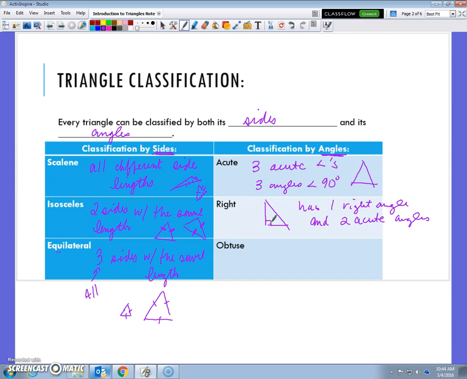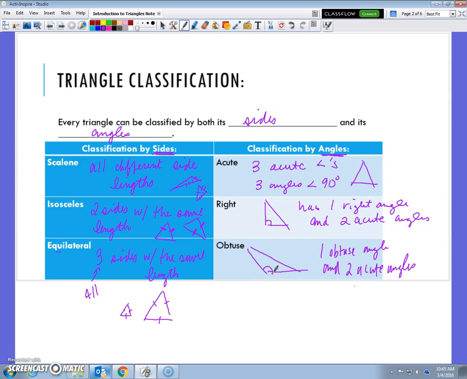An obtuse triangle has one obtuse angle and two acute angles. So what you can see is all of them have acute angles. If there are only two acute angles, it's either a right triangle if it has a 90-degree angle, or an obtuse triangle if it has an angle that's bigger than 90 degrees.